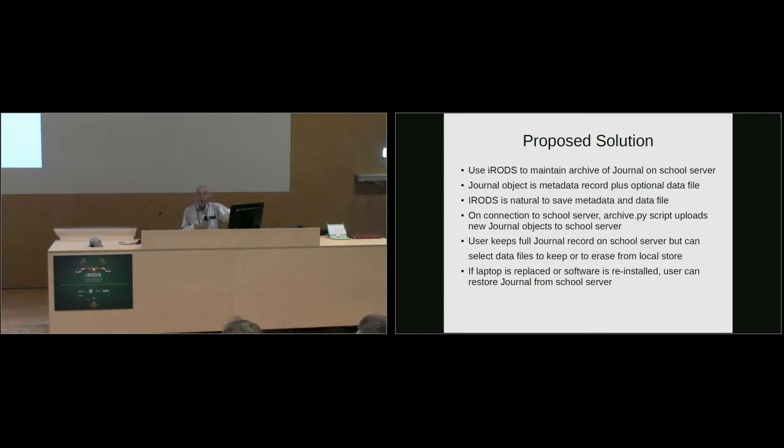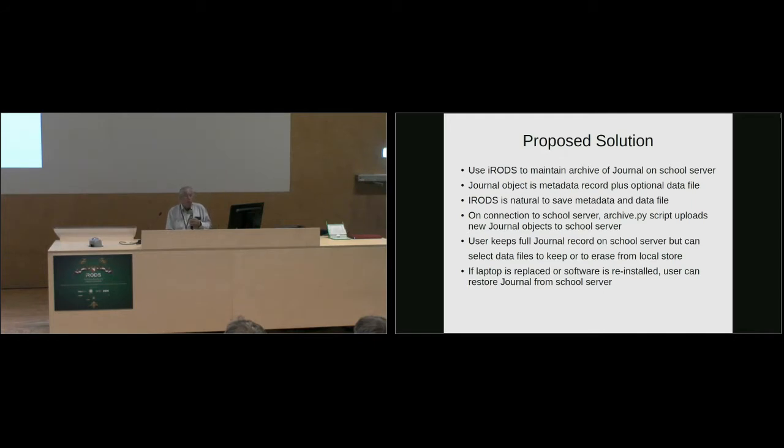And a journal object really consists of 2 pieces: the data file itself and metadata, describing who did the file, when it was done, that kind of thing. And when I saw that, I said, iRODS, metadata and data, great, good match. So it's a natural.